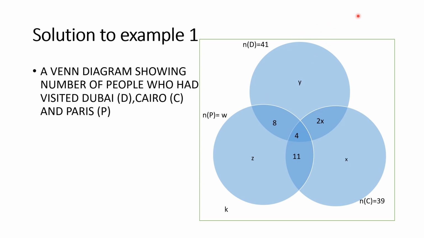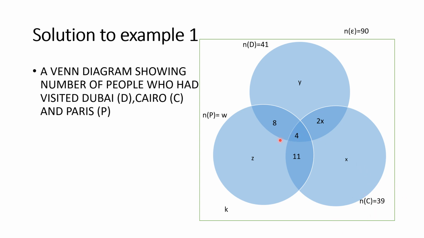So this is my universal set here. 41 had visited Dubai, then W had visited Paris, because we don't know it. Then K had not visited any of the 3 cities. Then 49 had not visited, 39 had visited Cairo. Then here 4 had visited.